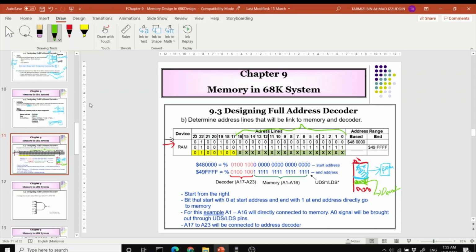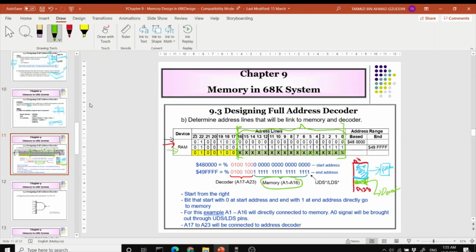So all of the bits that change, you denote it by X. You will fill this row over here with X, meaning that all the address pins that change will be connected directly to your RAM, or sorry, to your ROM module, to your memory module.